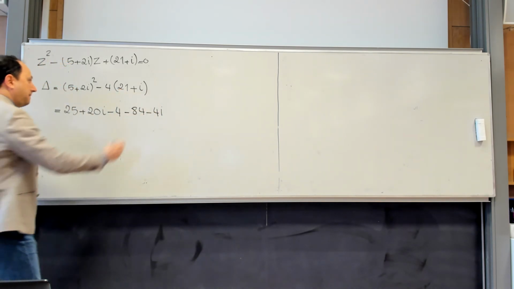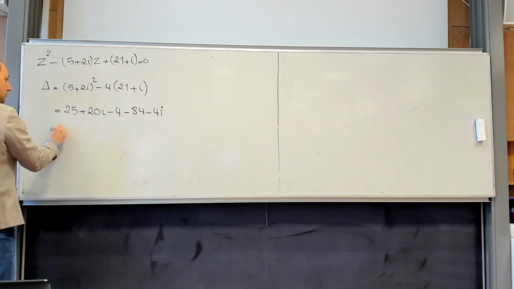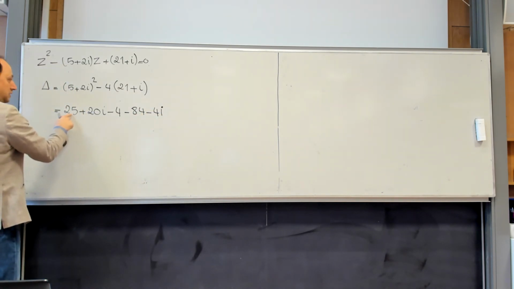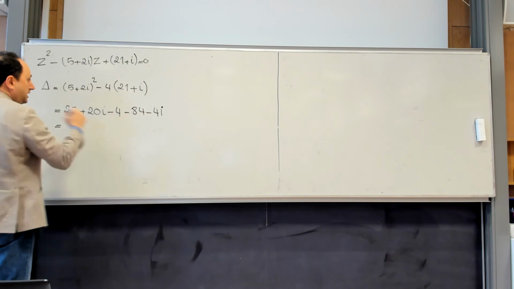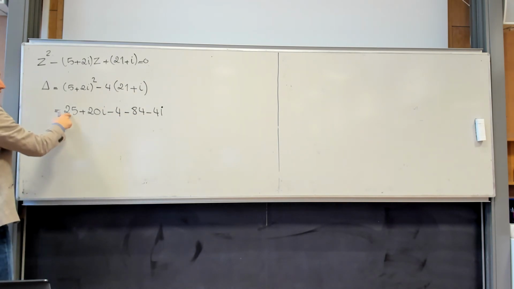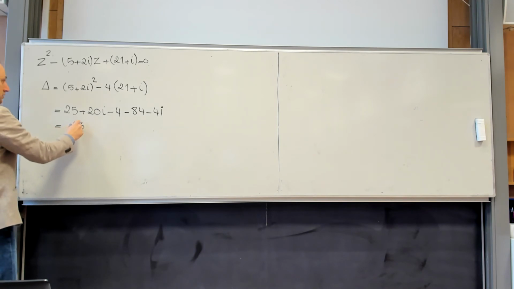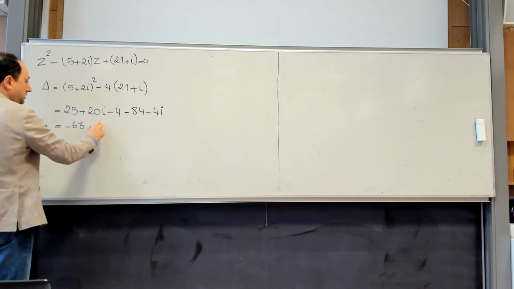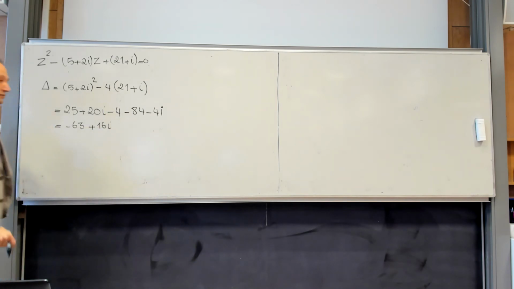Yes, agree? And if I am doing something wrong, please let me know immediately. Yes? So what happens here, it becomes minus 88. What is that one? Minus 63, do you agree? Yes. And then this is 16i. So this is my delta.